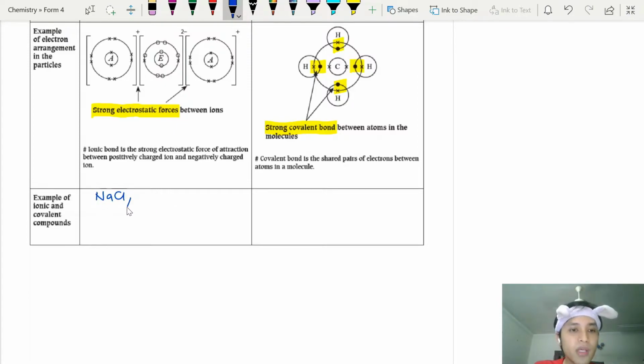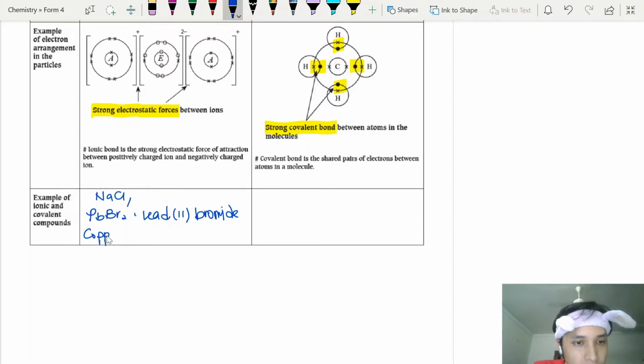We can also have lead bromide, PbBr2, which is lead(II) bromide. So this is sodium chloride, lead bromide, and then you have a lot more. If we say copper(II) sulfate, the chemical formula will be CuSO4, and there are many more.